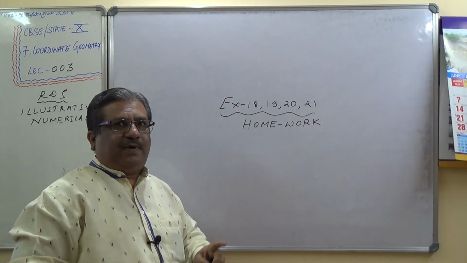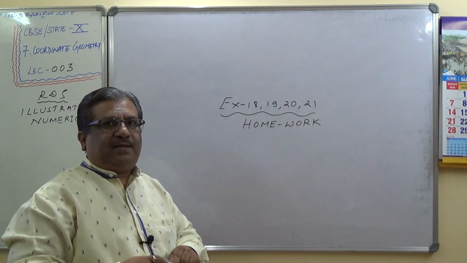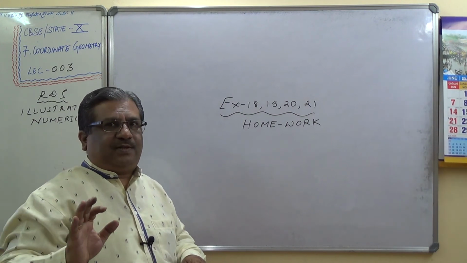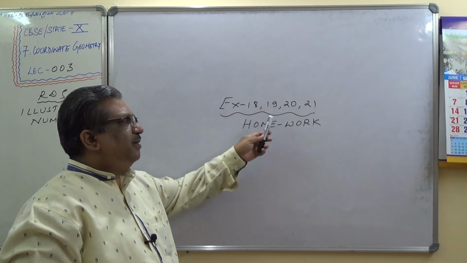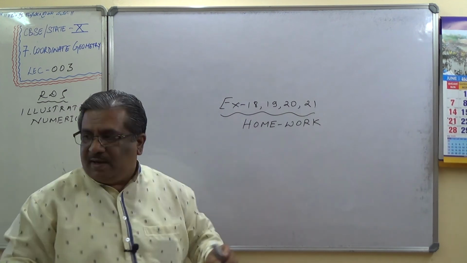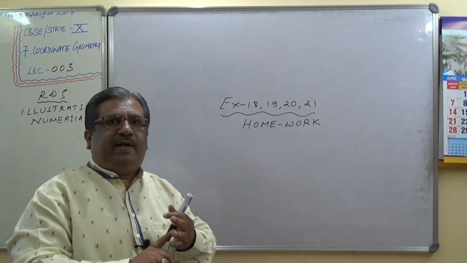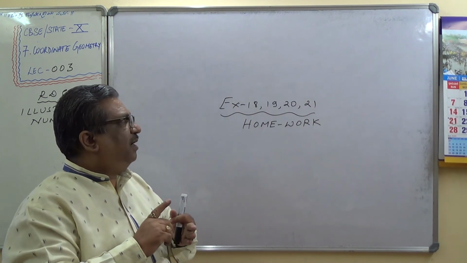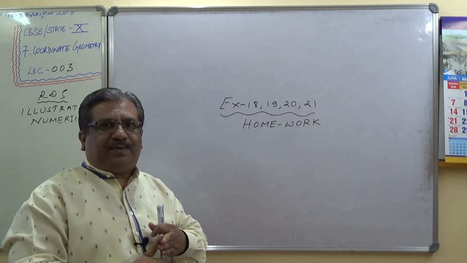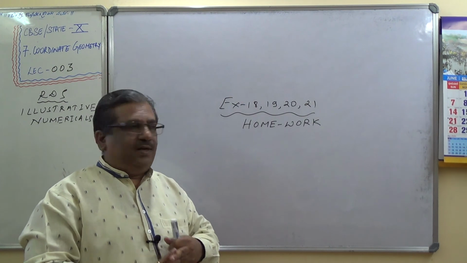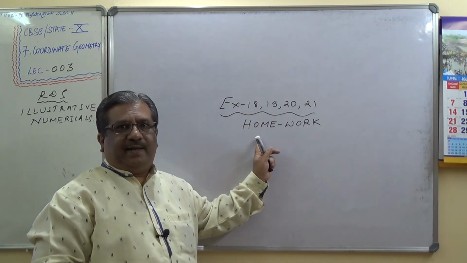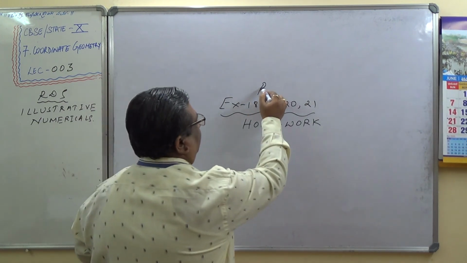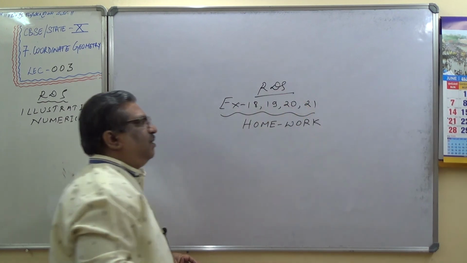Whatever numericals I have solved so far from RDS are all previous year questions, and these are similar to those. Solve now. I'll be taking 22 and 23, another two sums. There we'll end this lecture. So note down as homework from RDS. Okay, note down first.